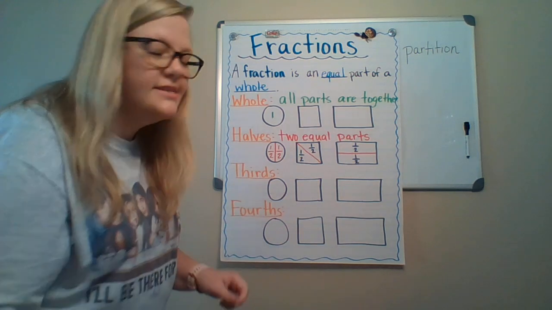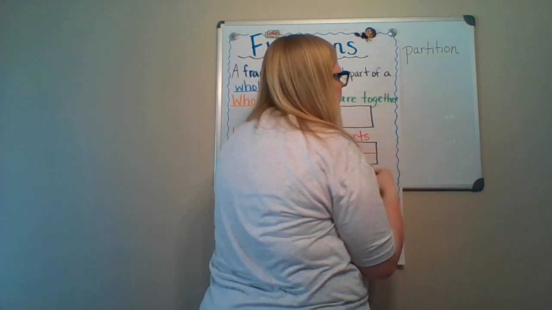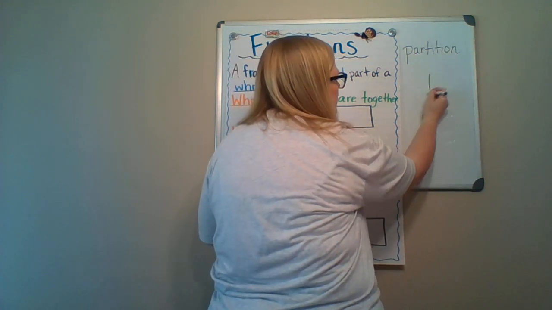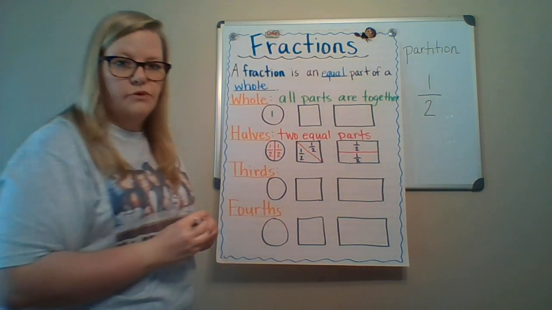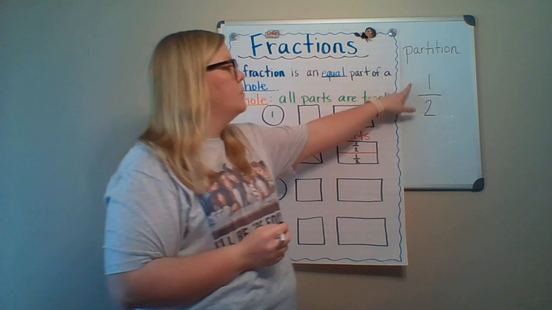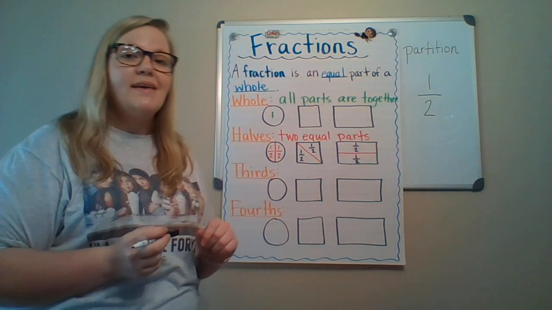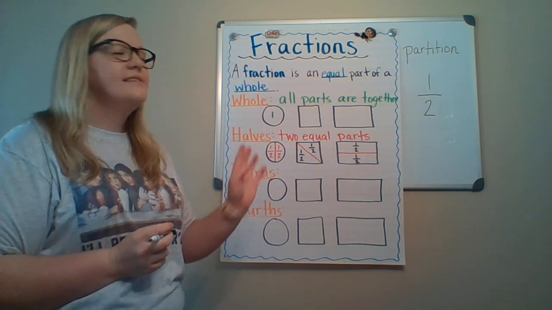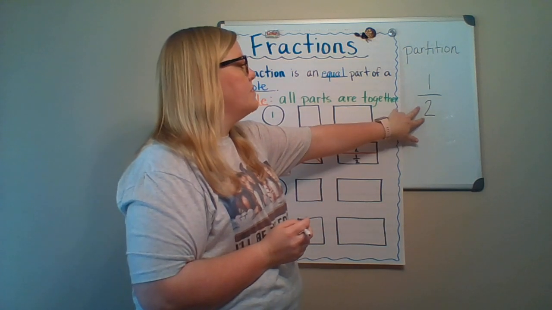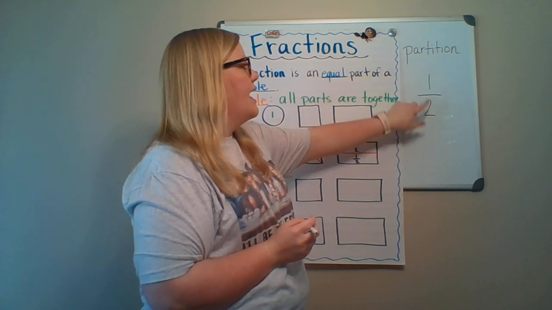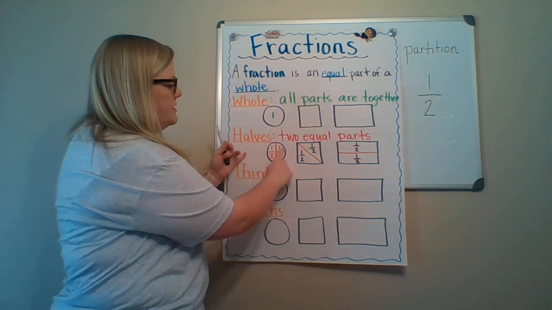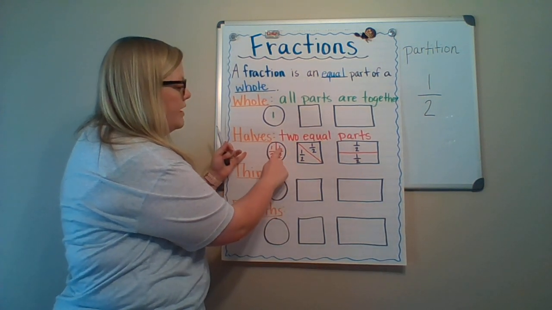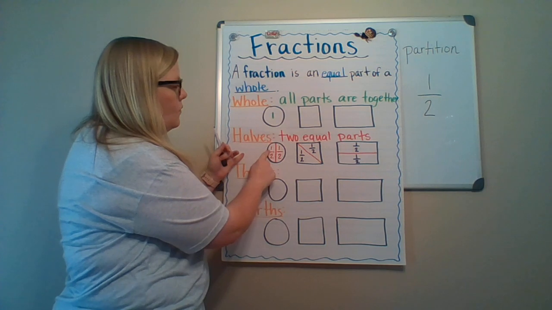Now I want to talk for a second about the number that I'm writing. I just wrote 1/2. Now if I write 1/2, that means that I have 2 pieces and it's just one of them. So in here I have 2 pieces, and this is one of them, and this is one of them.